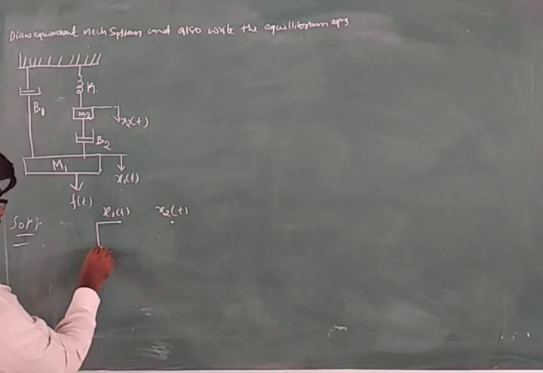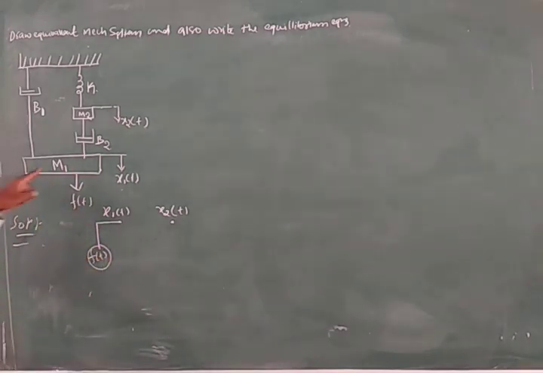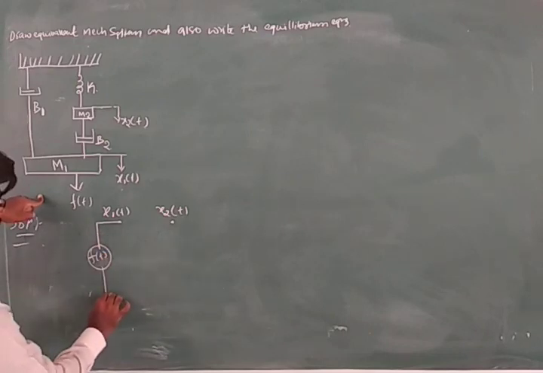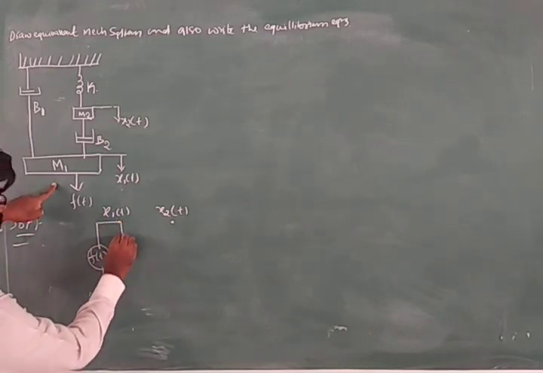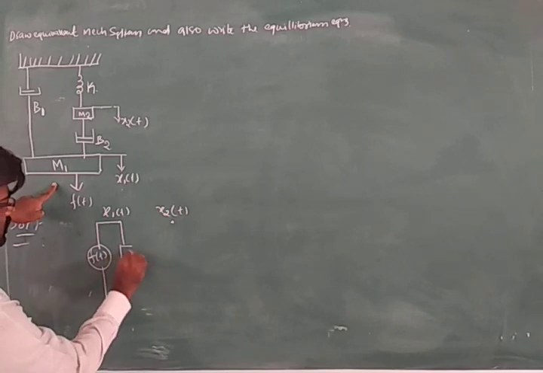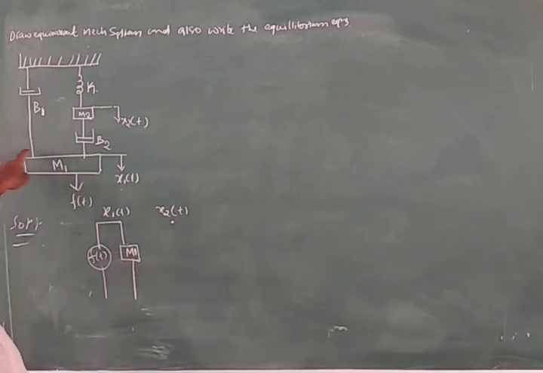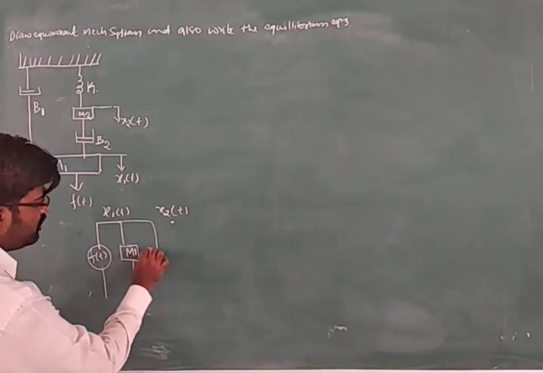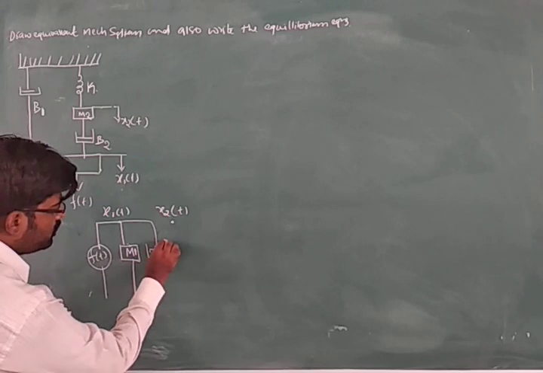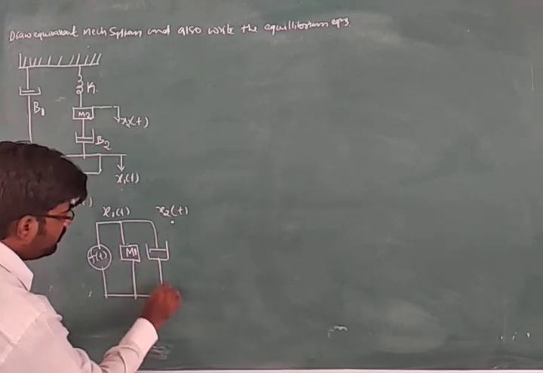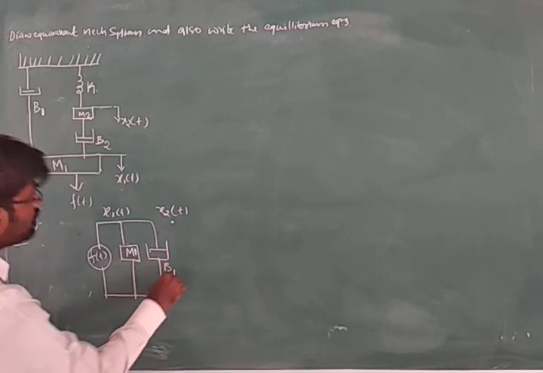So first you write, this is F of t, then M1 is also influenced by x1, so this is M1. Then again see here, B1 is connected between reference and x1, so B1 is also a dashpot, and it is also getting influenced by x1.